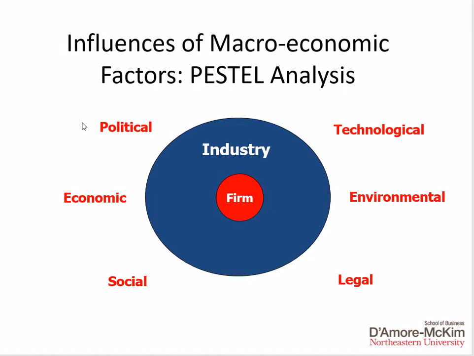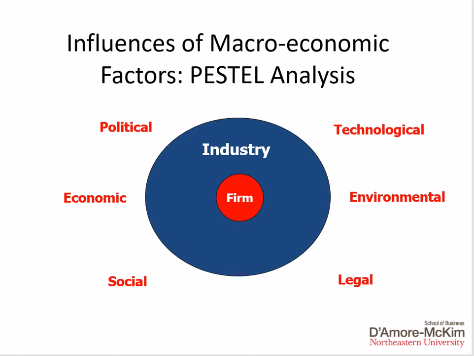And you're going to try and understand, one, what that trend involves, and then what the impact of that trend is on the industry. So, for example, in the political sphere, we would be looking at the influence of politics on the industry, maybe through lobbying or through the political party that is in power that is influencing the industry through its efforts.